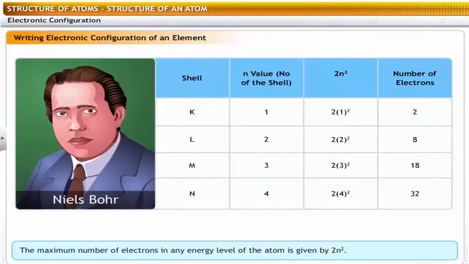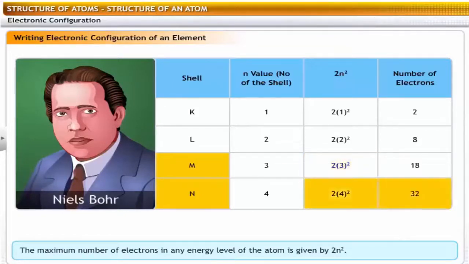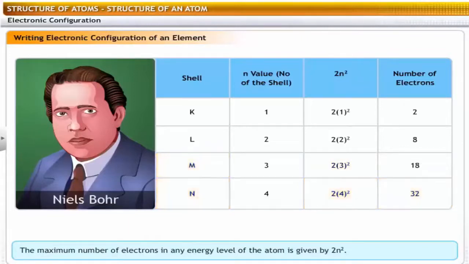The maximum number of electrons which can be accommodated in shell L is 2 multiplied by 2 to the power of 2, equal to 8. Similarly, for M and N shells, the maximum number of electrons that can be accommodated are 2 multiplied by 3 to the power of 2 equals 18 and 2 multiplied by 4 to the power of 2 equals 32 respectively.